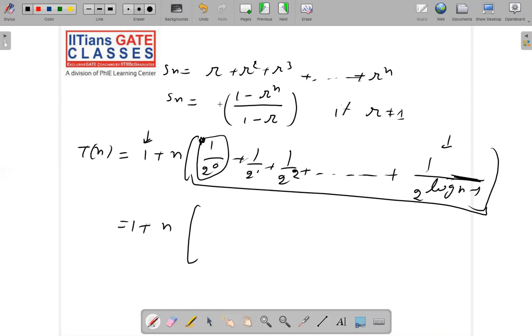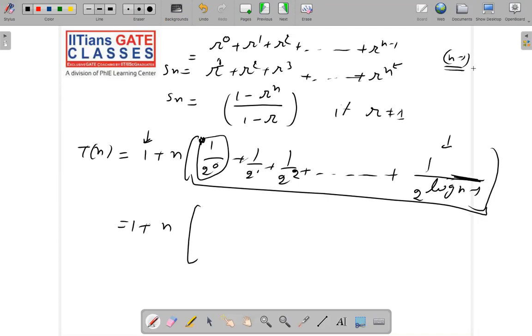Here the GP is with power 1 to n, and in our case, it's R to 0, 1, 2, up to n minus 1. So here the value of n is not n, it's n minus 1.